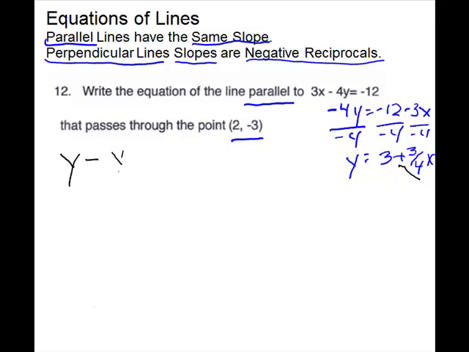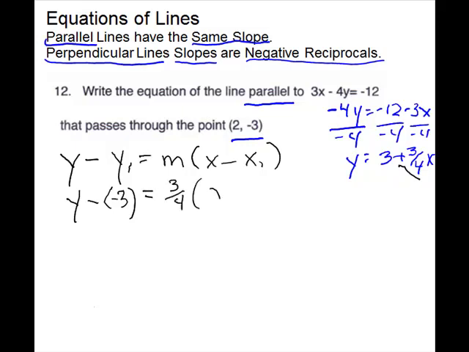y minus y1 equals m times x minus x1. So plug your point in. We're doing minus a negative 3. And our slope is 3/4 times x minus 2.